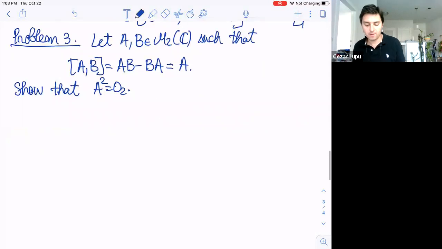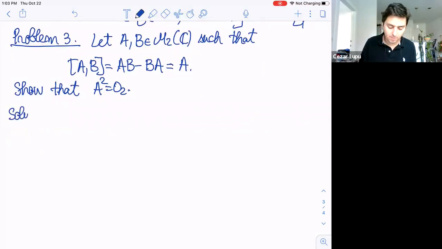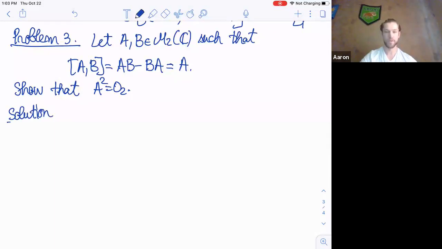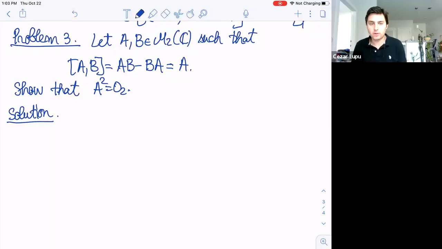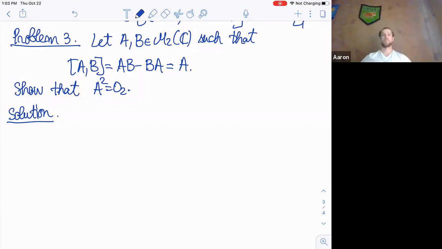Okay, think about it for a couple of minutes. Sorry, what was that last part? A squared is equal to what? A squared is the null matrix, O2. Null matrix, okay. So think about it.